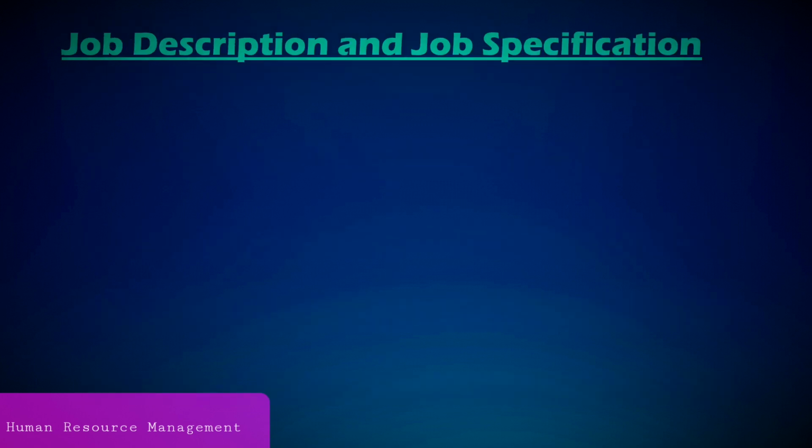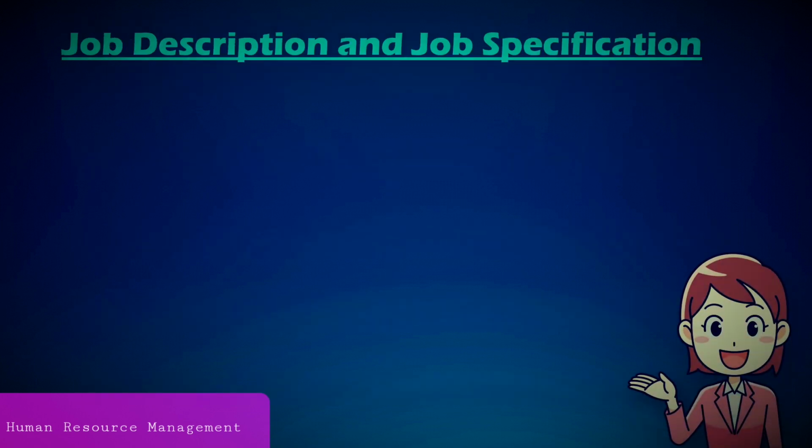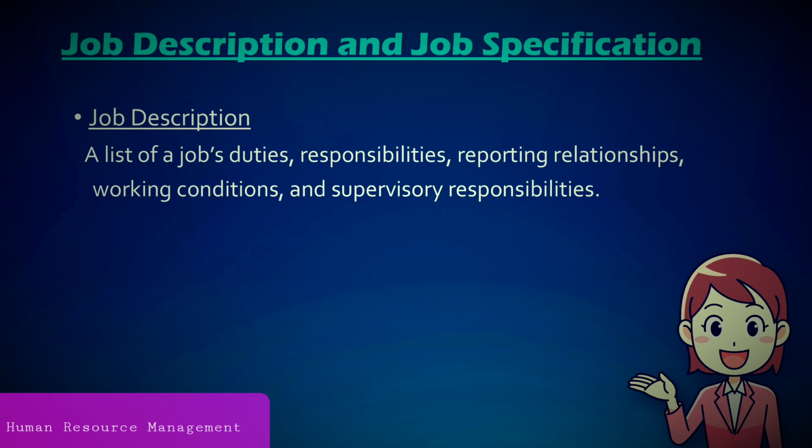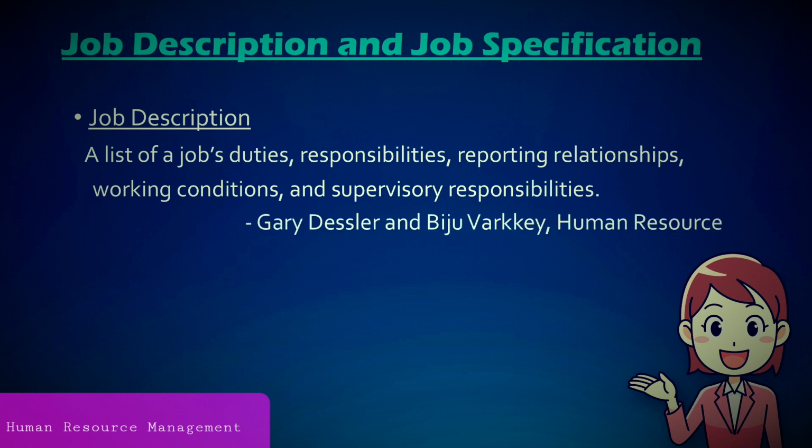Basically, a job description contains a list of duties, responsibilities, reporting relationships, and working conditions about a particular job. That means it sets out the overall purpose of that job, the location of the job in the organizational chart or structure, and also the main tasks of the particular job holder.